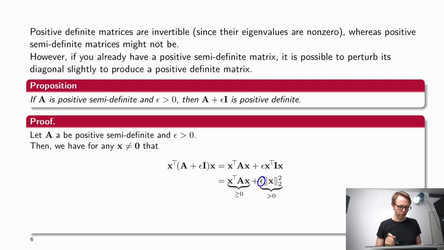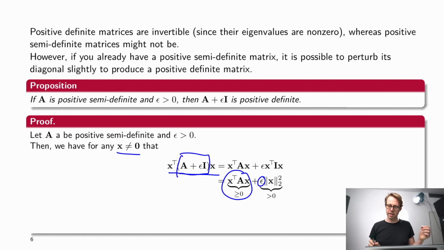Now this, because x is different from 0, is a positive number, and the squared form in the positive semi-definite matrix is larger or equal to 0. And the sum of a non-negative and a positive number needs to be positive. Thus, this matrix A plus epsilon I is positive definite if A is positive semi-definite.